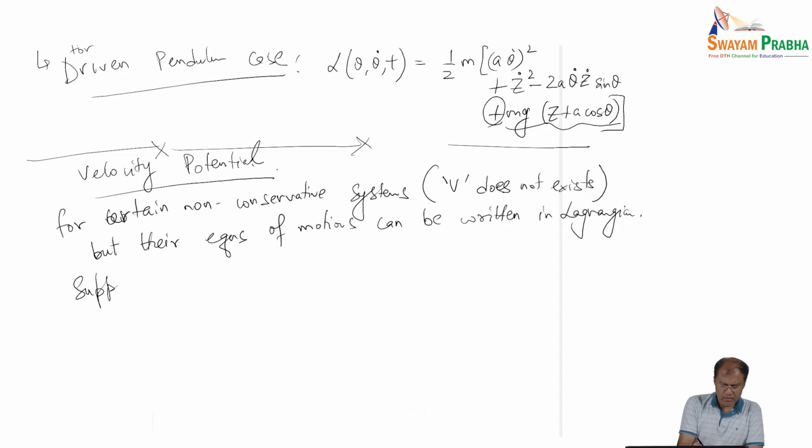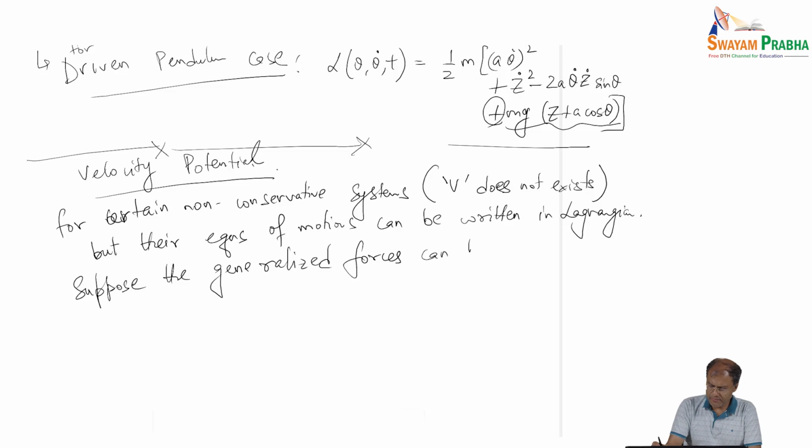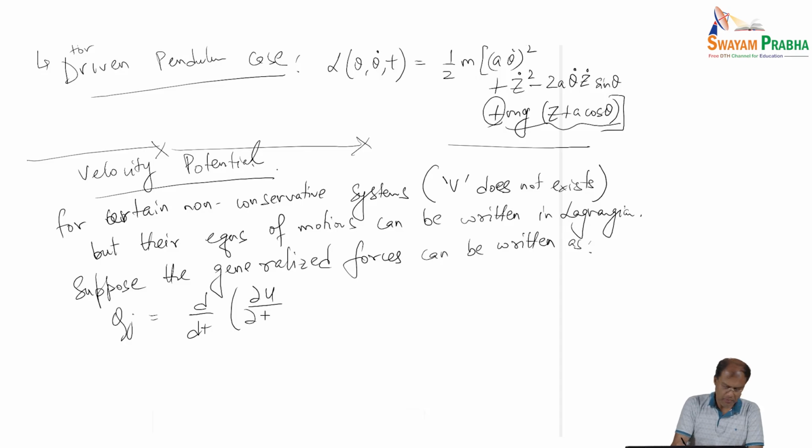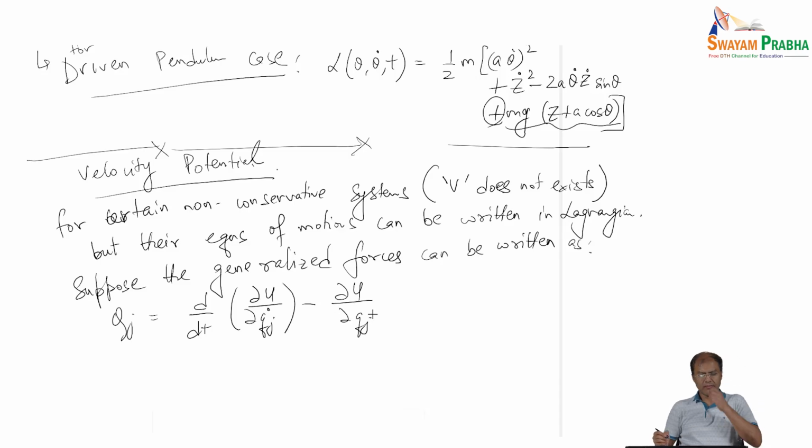Suppose the generalized forces can be written as Q_j given by d/dt of partial U partial q_j dot minus partial U partial q_j, right?